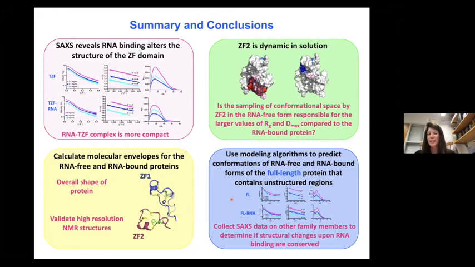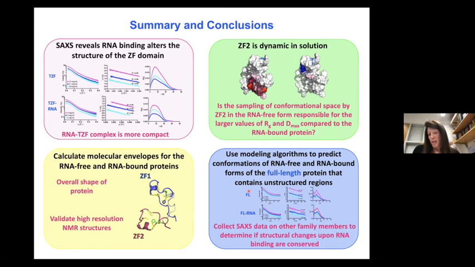And then finally, one of the things that I should have pointed out is that SAXS has really been advantageous for us because we've been able to study not only the zinc finger domain, which has secondary structure predicted, but also our full-length protein, which has very little secondary structure predicted outside of that zinc finger domain.